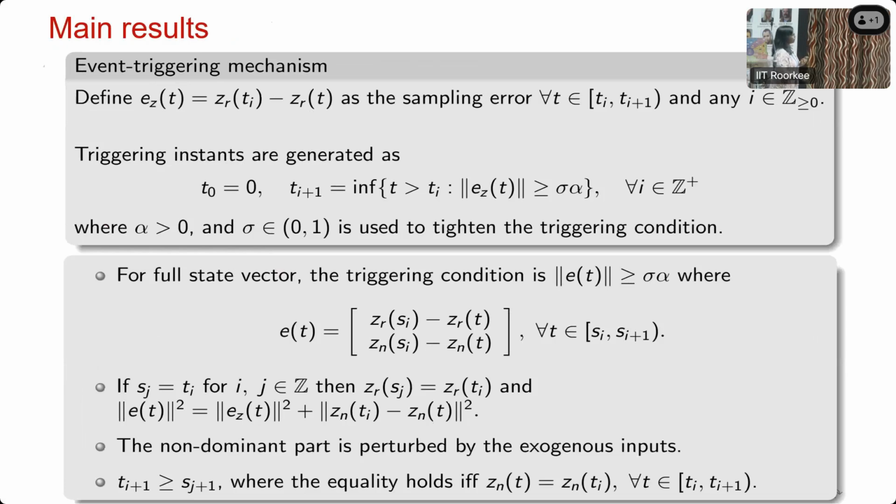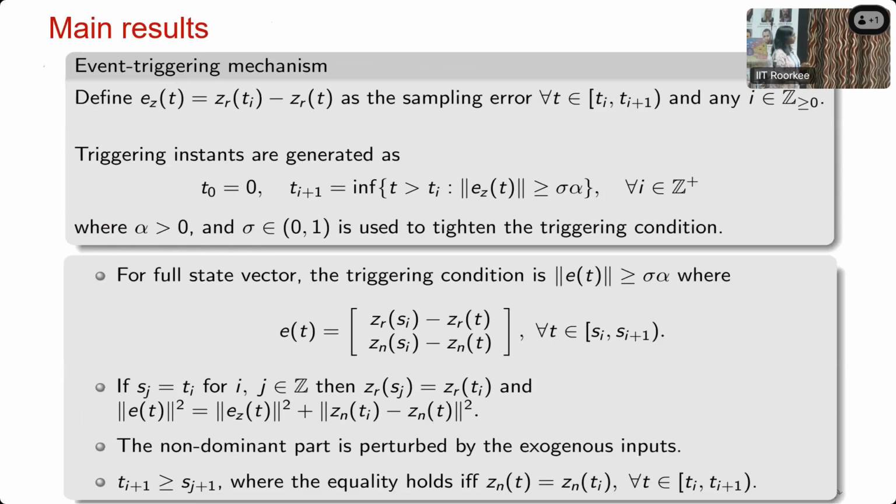And the s_j are the triggering instants generated using this triggering condition, where instead of using Ez we use E. Whenever the norm of E is greater than or equal to this value, we trigger. You can see from the design itself that the norm of this error will be greater than or equal to the norm of this. Why? Because this E contains this and, in addition to that, some more variables. Is it okay? So you can look at that from here.